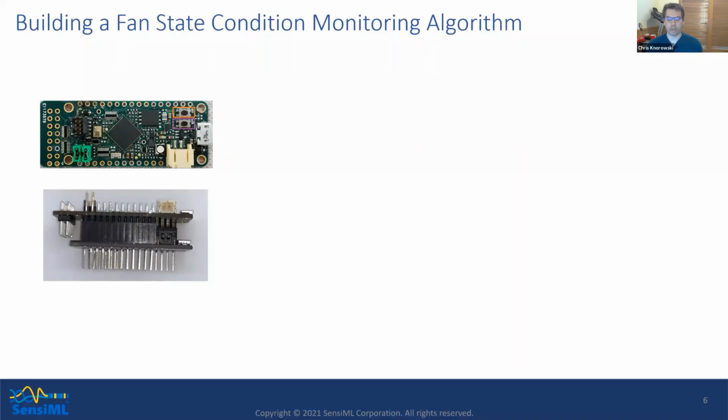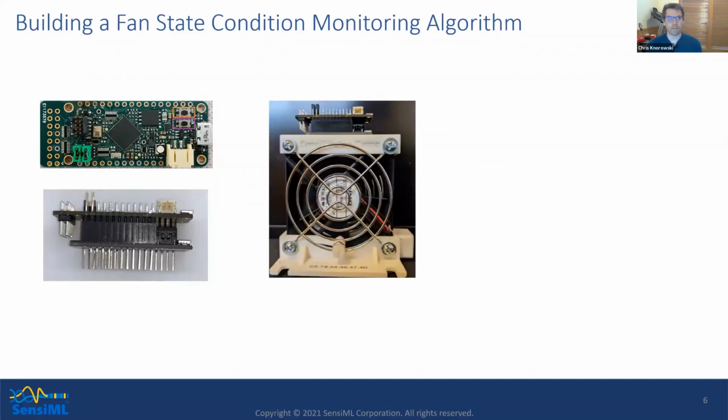If we put our predictive maintenance hats on, we can think of a scenario where we have hundreds of fans installed in our factory. And right now, the only way we know if a fan is failing is when the equipment that they're cooling starts to heat up. So what we want to do is get ahead of that and put some sensors on our fans to detect when the fans start to fail, so that we can do predictive maintenance and get ahead of any of these issues.